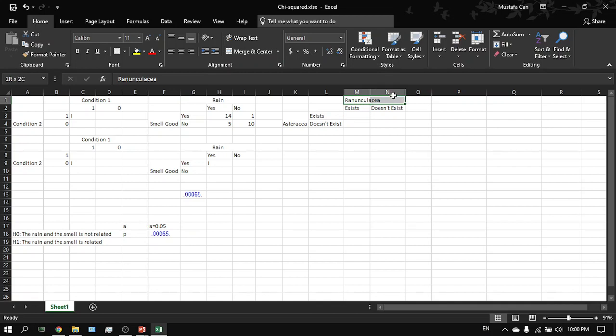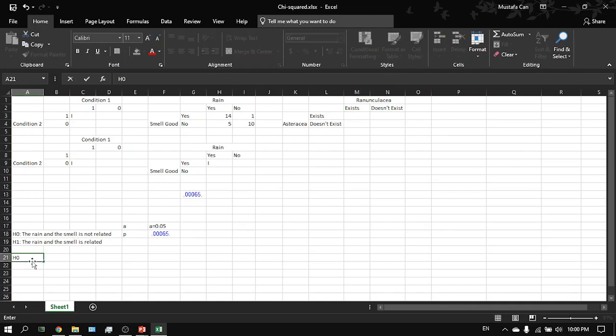I take two species of plants and apply the same thing, exists or doesn't exist, for this plant and for this plant. I am not going to repeat the process. You can write that plant one and plant two are not linked.